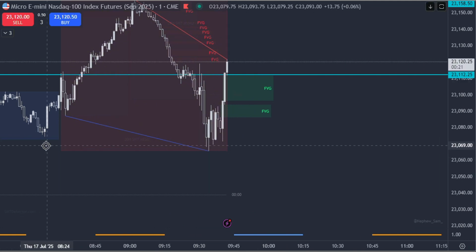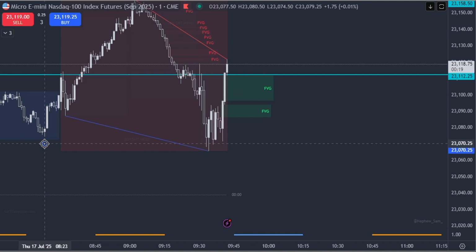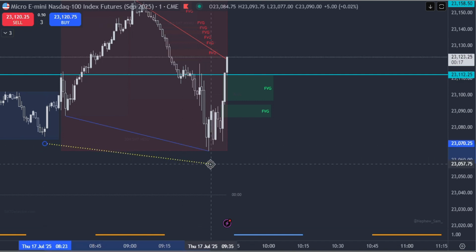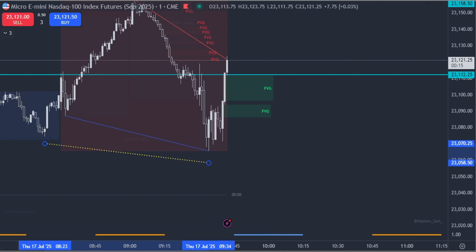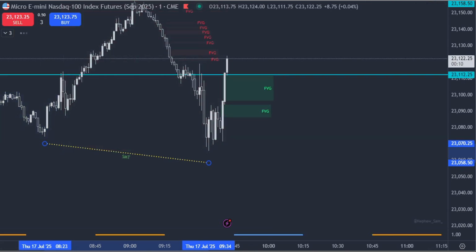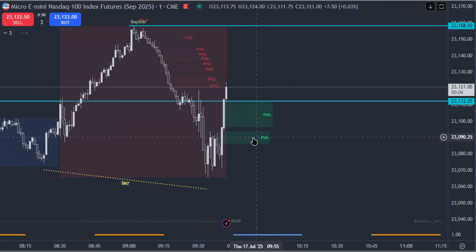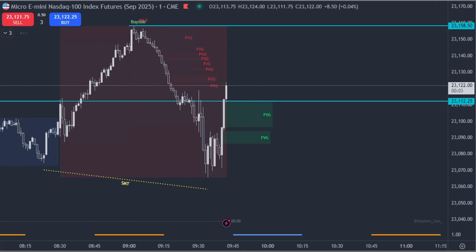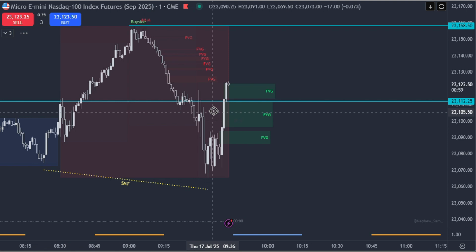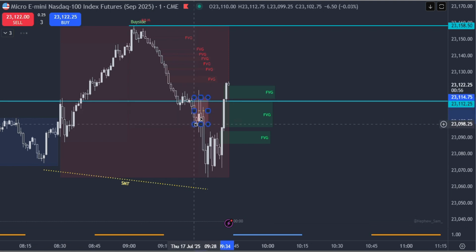But we already have SMT at these lows with ES and the YM. And this might just go without us. Let's look at these order blocks here.